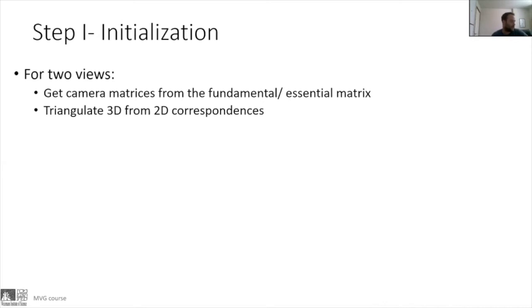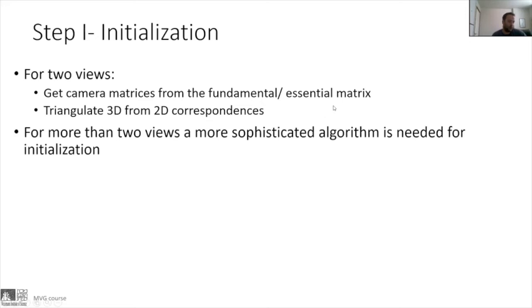Then we triangulate the 3D points from the 2D correspondences. In this way, we generate an initial guess for the two camera matrices Pi, and for the 3D points. And we can start to optimize.